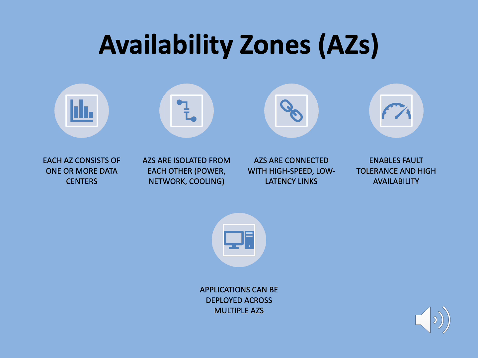At the same time, these AZs are connected through high-speed, low-latency links, which allows them to communicate efficiently. This design helps achieve fault tolerance and high availability. For example, if one availability zone goes down due to failure, the application can continue running in another AZ without any downtime.